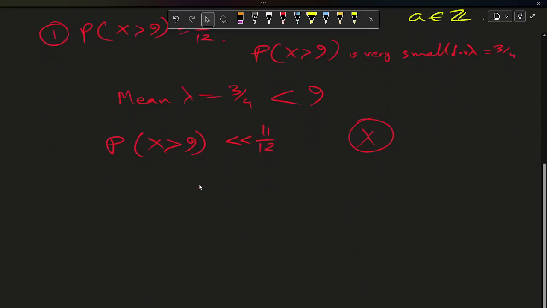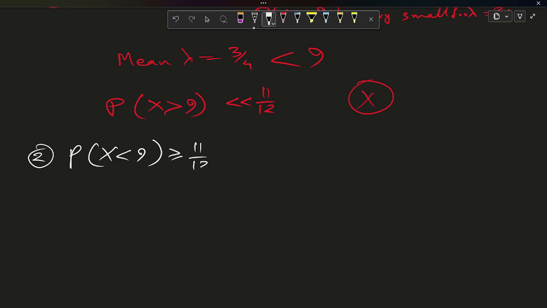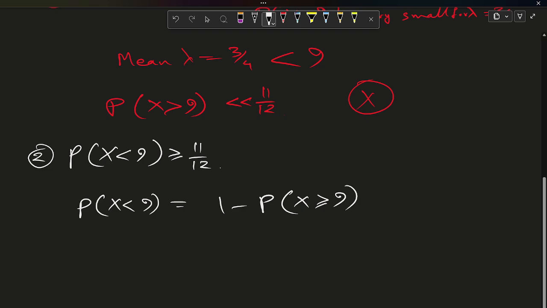Now we have to check option 2, which tells us what? Probability of x less than 9 is greater than or equal to 11 by 12. Since P of x less than 9 is equal to 1 minus P of x greater than or equal to 9, and this is very small for lambda equals 3 by 4, our probability of x less than 9 is close to 1.